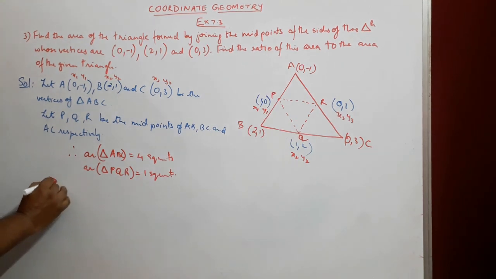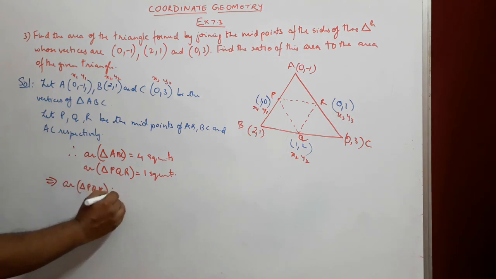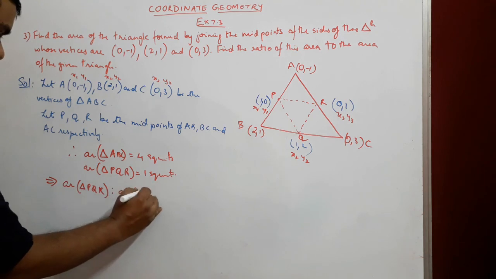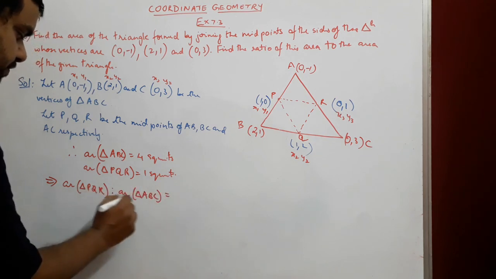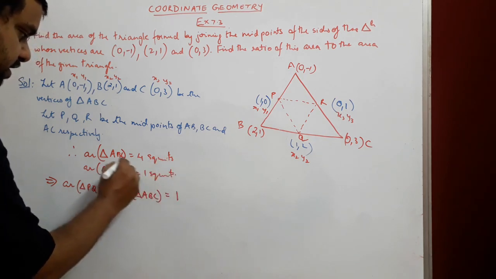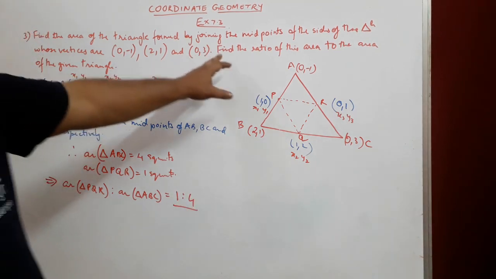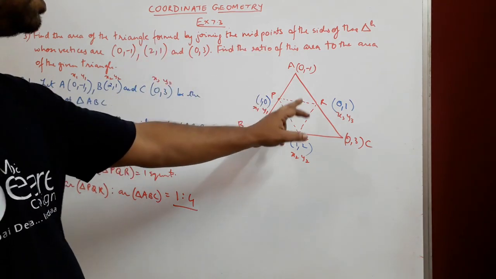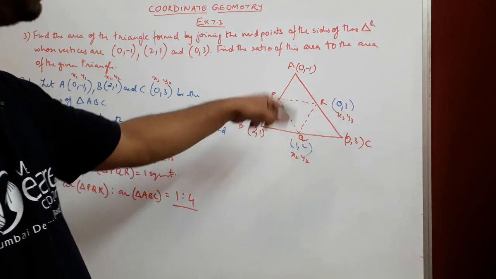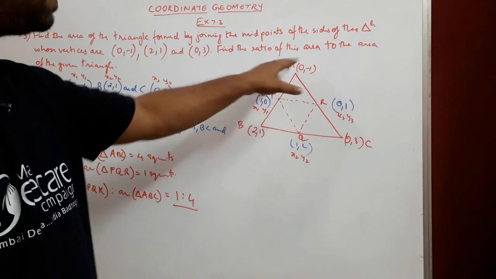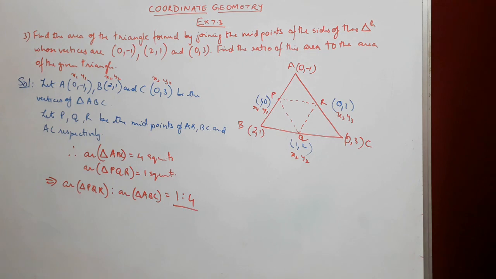So this implies area of triangle PQR is to area of triangle ABC, because we are asked for the ratios, is equal to 1 is to 4, since area of triangle PQR is 1 and area of triangle ABC is 4. So 1:4. So this is our answer, because we were asked to find the ratio of the area of the triangle that is formed by joining the midpoints of this big triangle to the area of the big triangle. So that is why it is 1:4 and not 4:1. That is our answer to this.